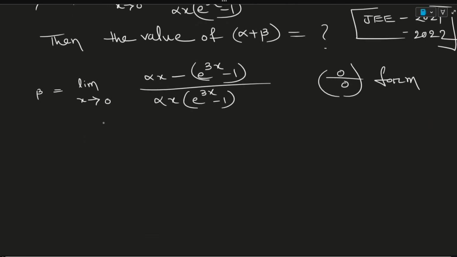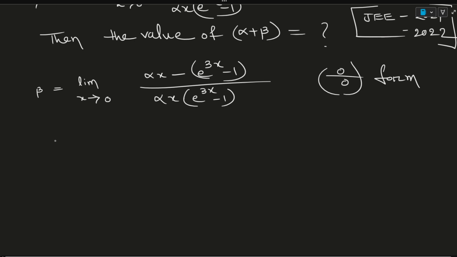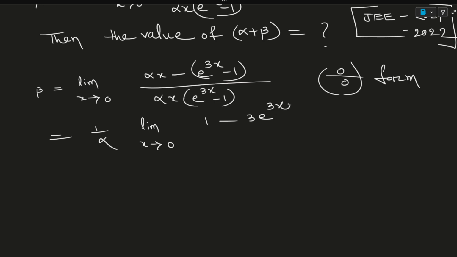Now taking 1 by alpha outside the limit, then it will be 1 by alpha, limit x tends to 0, of 1 minus 3 into e to the power 3x. Sorry, it is alpha. So now differentiating the denominator.